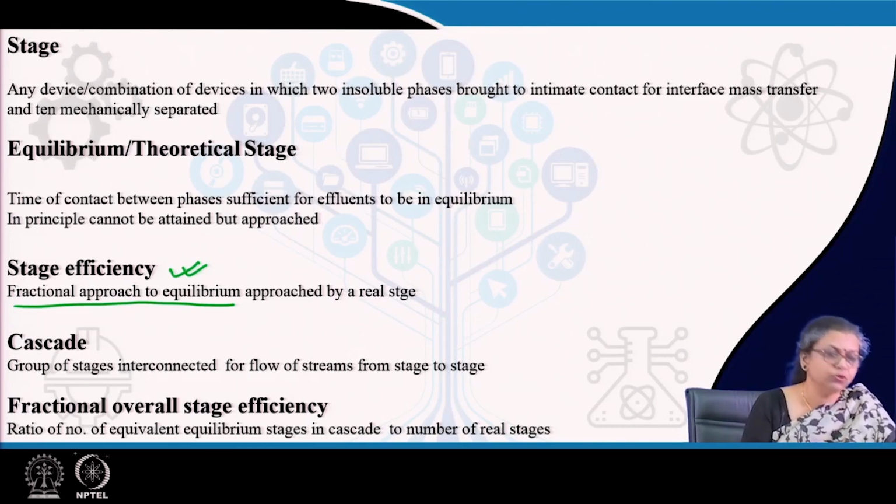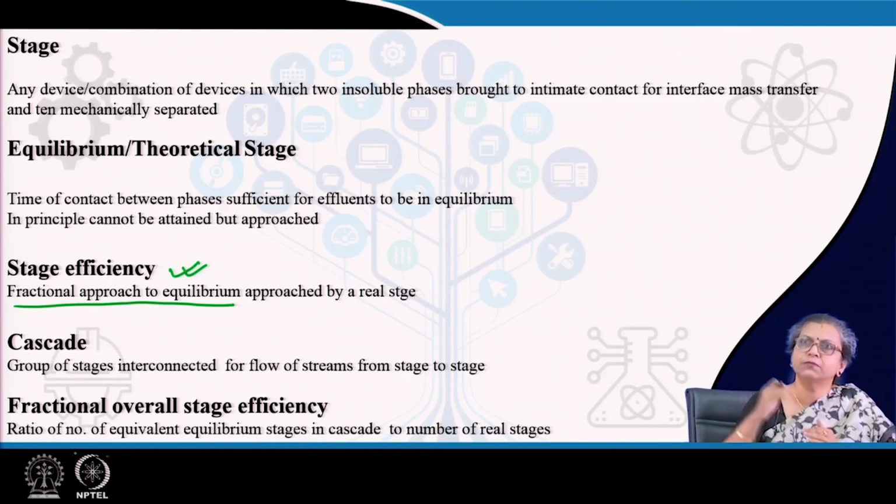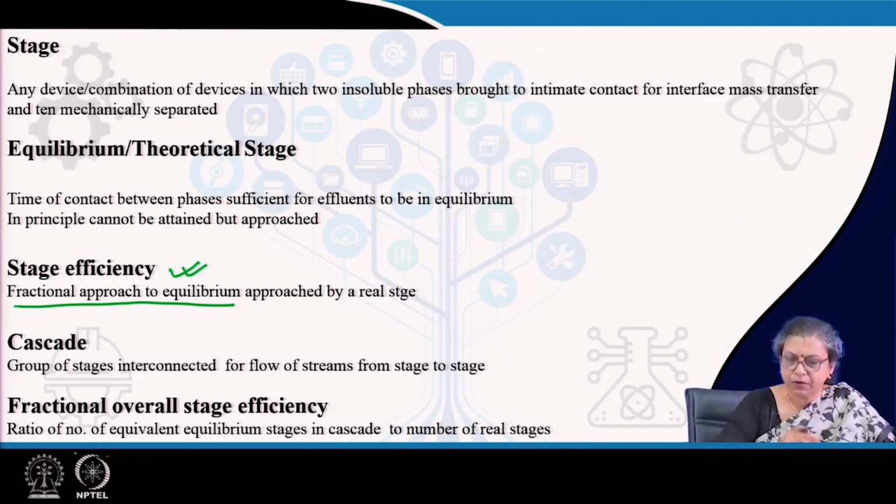So, suppose by equilibrium considerations we know that for a feed of benzene and toluene comprising, say, 40% benzene and 60% toluene, the maximum separation that we can get by the process of distillation is say 80% benzene, but we need say 99% benzene. How do we do it?